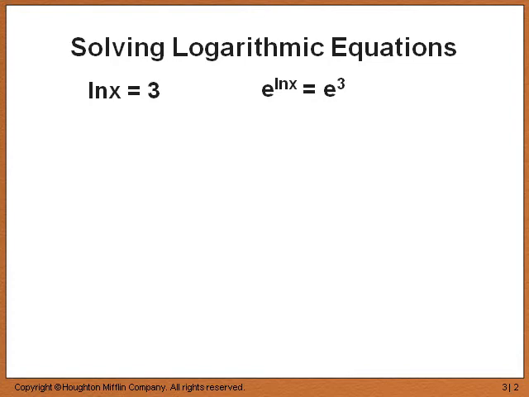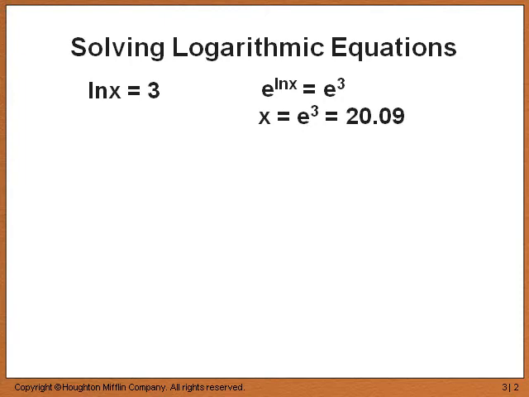Now this is not necessarily an intuitive step, and that's why I'm showing you the technique. When you have a log, of whatever base, and you need to get x by itself, you raise the base to that exponent. That's using the inverse property of logarithms that we learned before, and this will get x by itself.